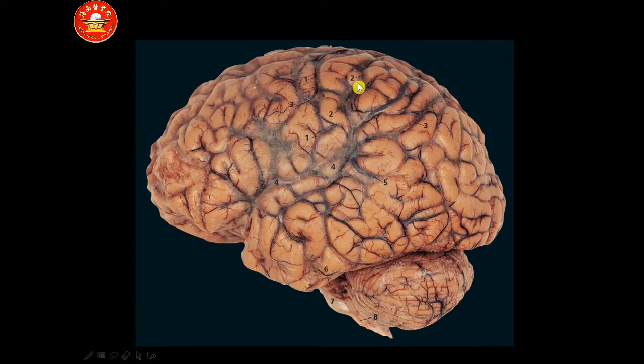Number 2 at this place is representing the superior anastomotic vein, also known as the Trolard vein. Number 3 is showing the superior cerebral vein. Number 4 is the lateral fissure.